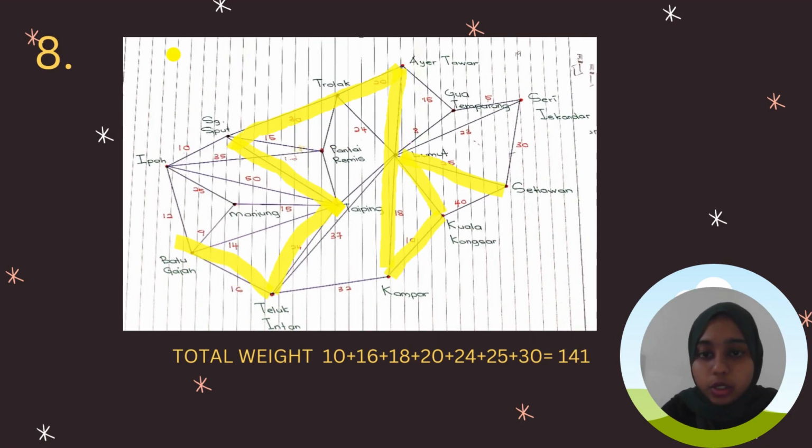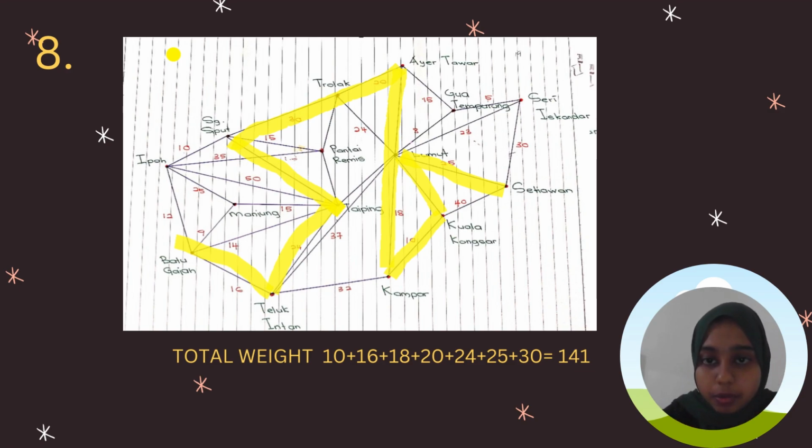Okay. The total weight for this graph is 10 plus 16 plus 18 plus 20 plus 24 plus 25 plus 30, which equals 141.